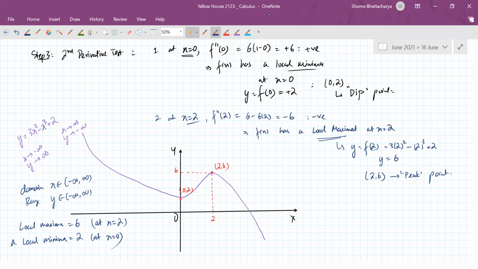Yes, can you please summarize this example once again briefly?